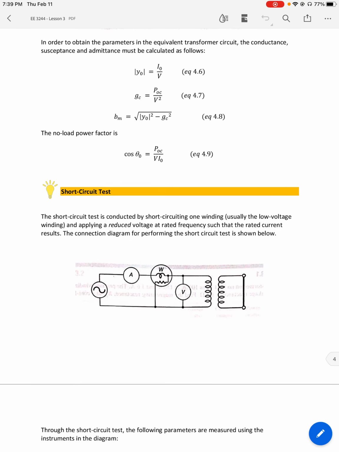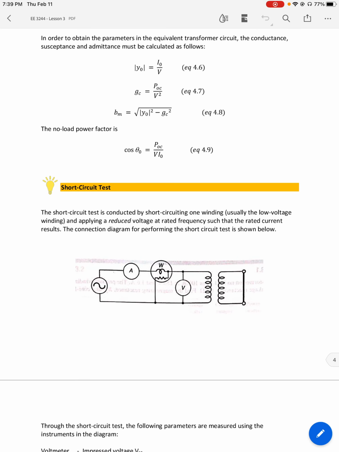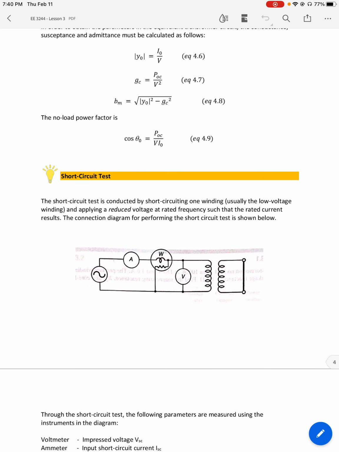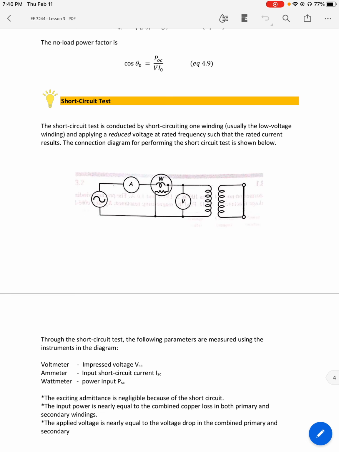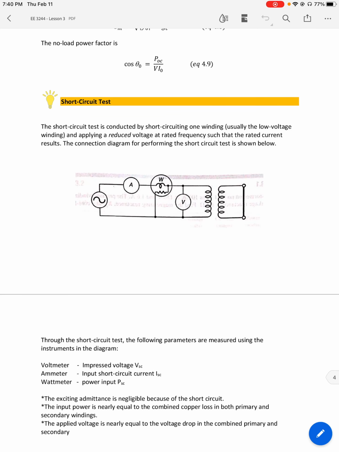Now, let's go with the short circuit test. The short circuit test is conducted to obtain the impressed voltage VSC, the input short circuit current ISC, and the power input PSC. It is conducted by short circuiting one winding, usually the low voltage winding, and applying a reduced voltage at rated frequency.